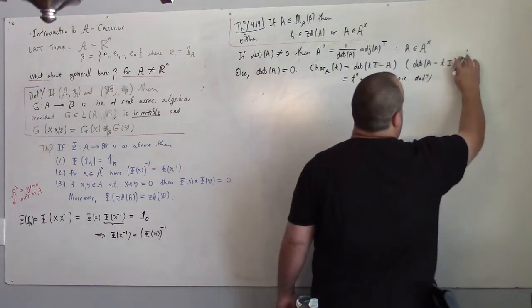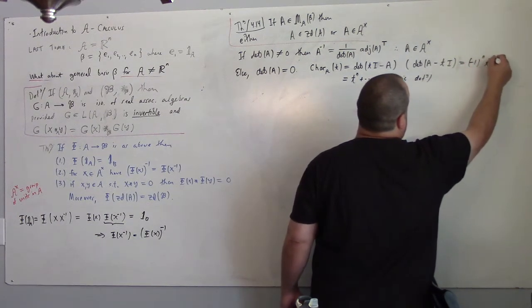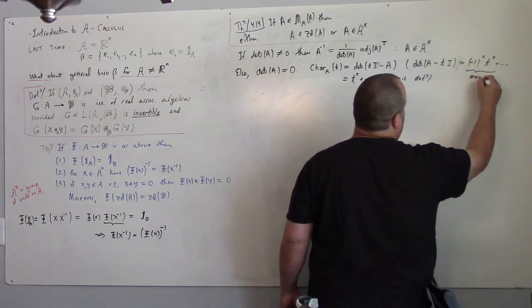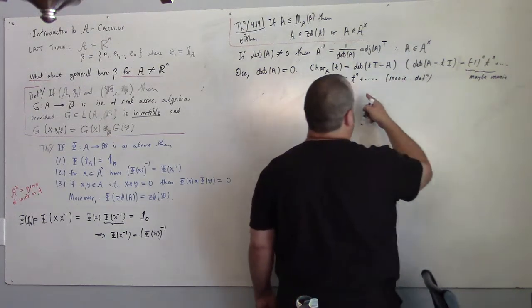This one on the other hand gives you something like (-1)^n t^n, so not monic. What does monic mean? Monic means leading coefficient 1.